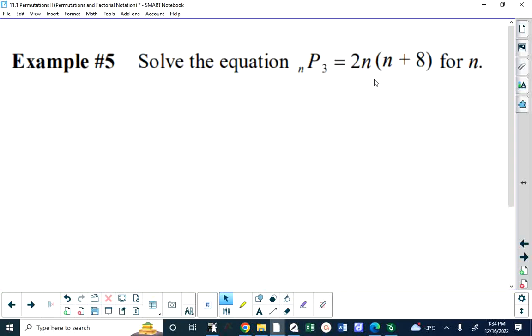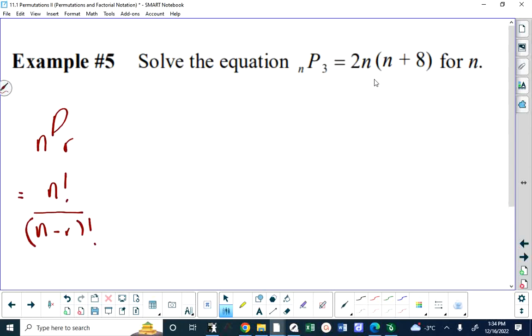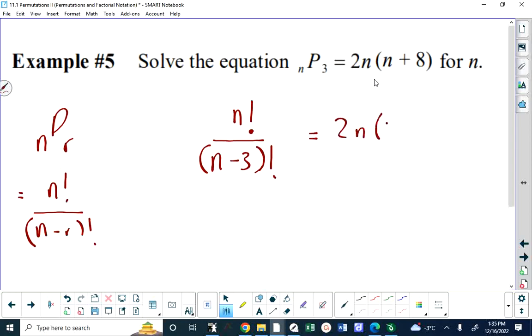And we would get, since nPr is n factorial over n minus r factorial, this is going to be n factorial over n minus 3 factorial equals 2n times n plus 8. Now, how can we simplify that? Well, n minus 3 factorial has to be contained in n factorial.